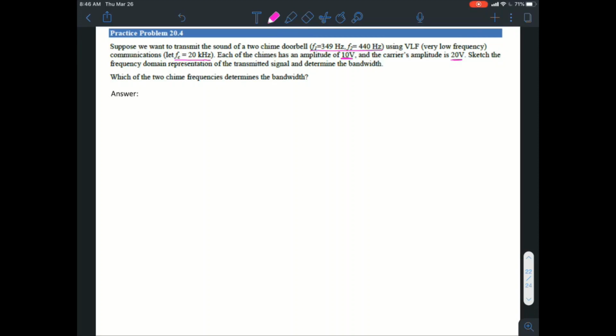So we're going to use that information to sketch a frequency domain representation and determine the bandwidth. So the first thing I want you to do is pause the video and use what you know to try and work through this problem. When you're done, if you're stuck, or when you're finished and want to check it, come back here and I'll work through it.